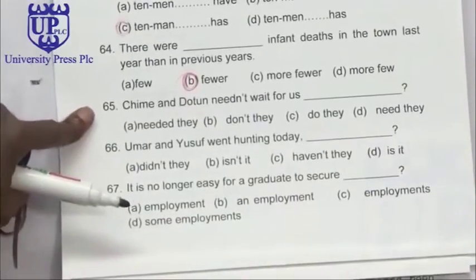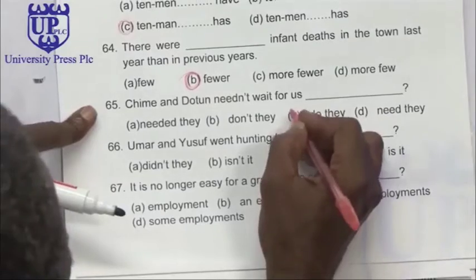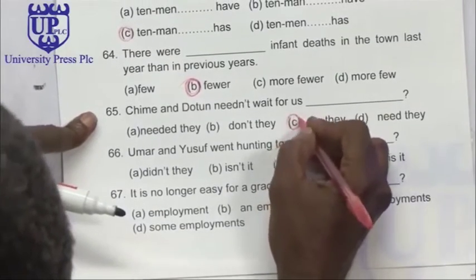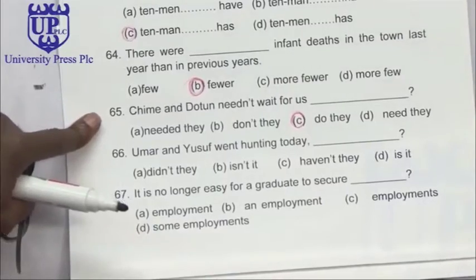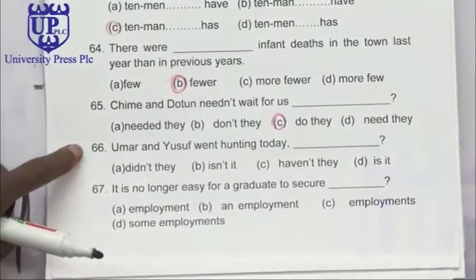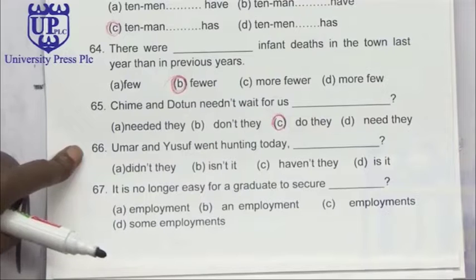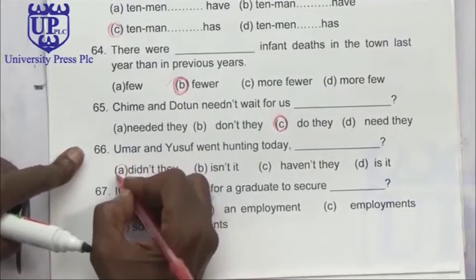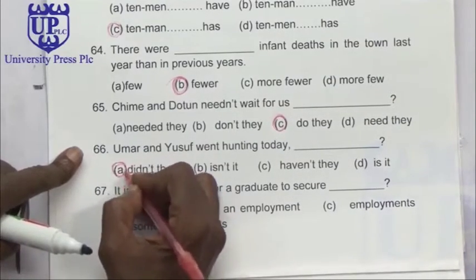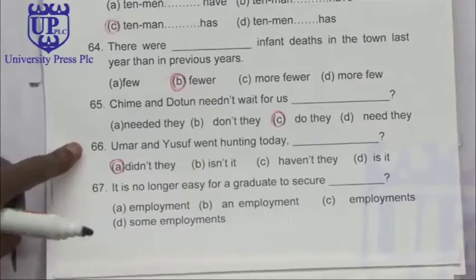The answer will be: didn't they? Do they? That is the structure. Then you have 66: Uma and Yusuf went hunting today, and the tag is didn't they? Question tag. Yes, they did.